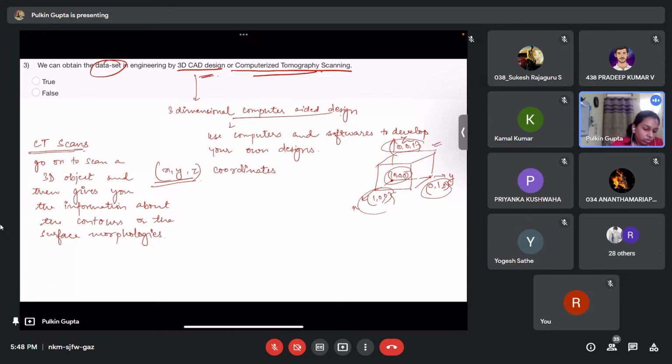So it actually develops a data set pertaining to X, Y, and Z coordinates again. So we say, yes, we can obtain a data set by using 3D CAD design or computed tomography scanning.